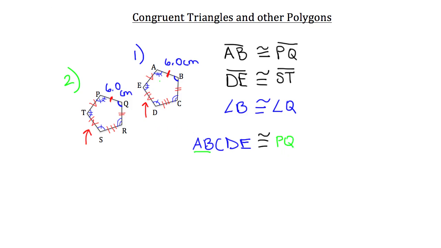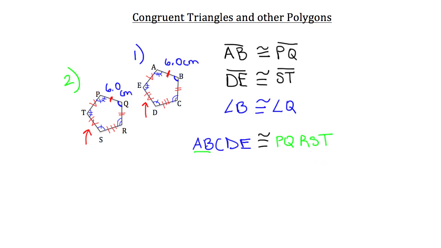And you'll notice with both these polygons that they go in a clockwise fashion. A, B, C, D, E, P, Q, R, S, T, and their congruency tick marks match up in the same clockwise fashion. So polygon ABCDE must be congruent to polygon PQRST.